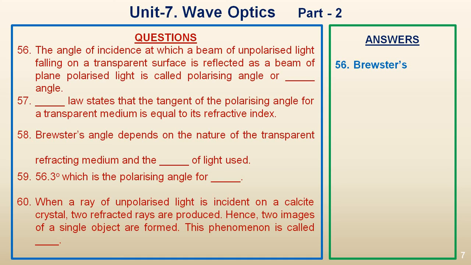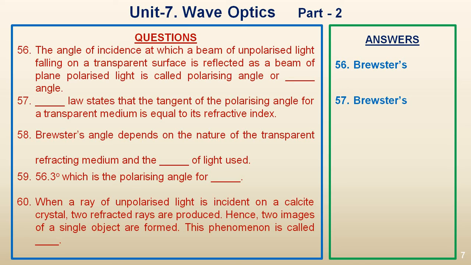Question number 57. Brewster's law states that the tangent of the polarizing angle for a transparent medium is equal to its refractive index. The equation for this law is mu equal to tan ip. Mu is the refractive index and ip is the polarizing angle.